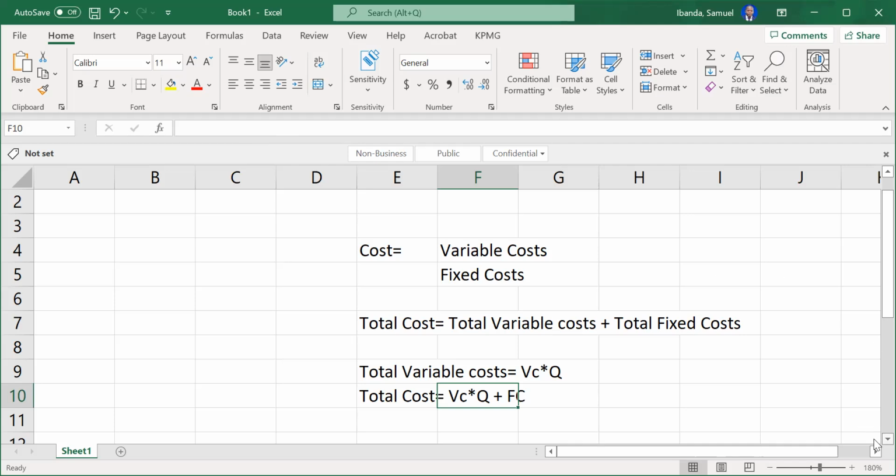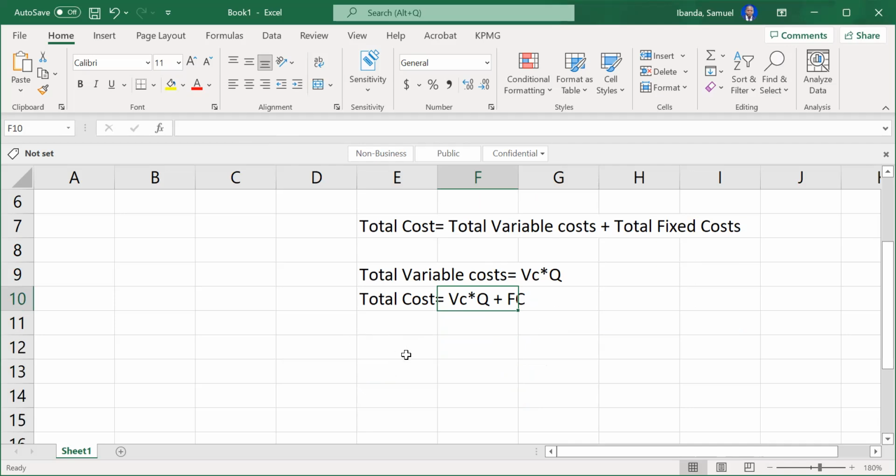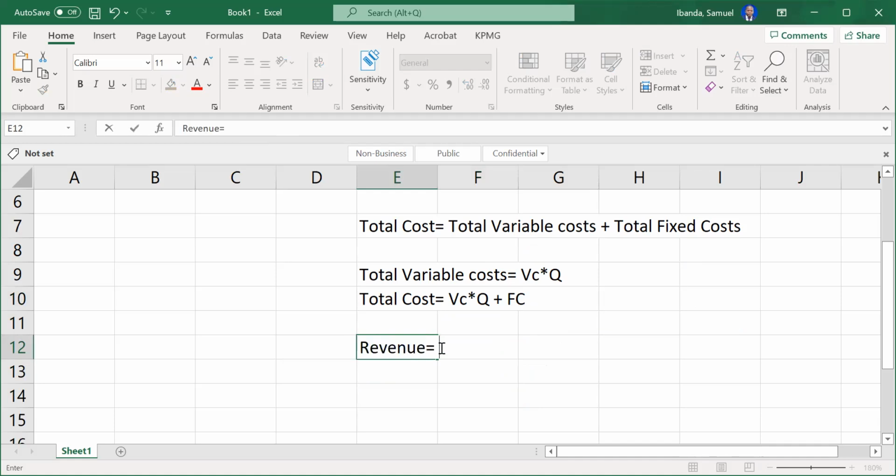But it's also very important to appreciate what happens with revenue. Revenue is usually a function of price and quantity.